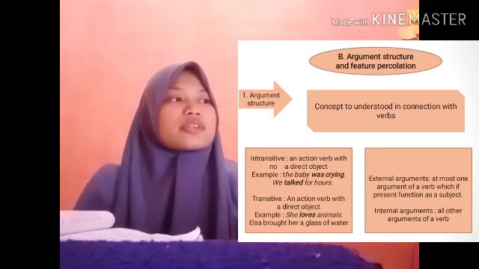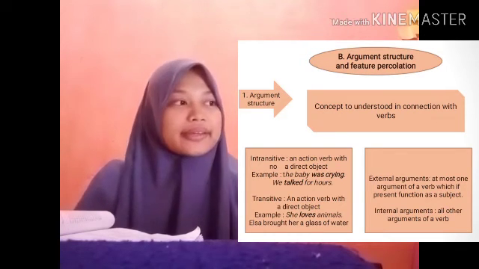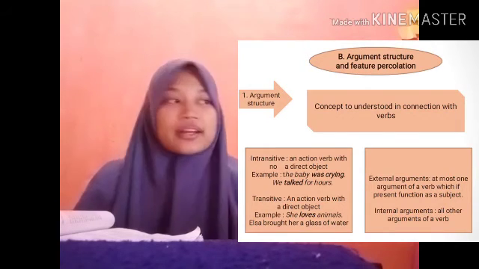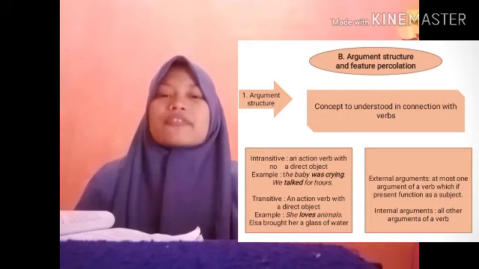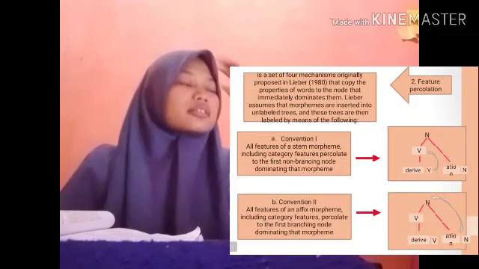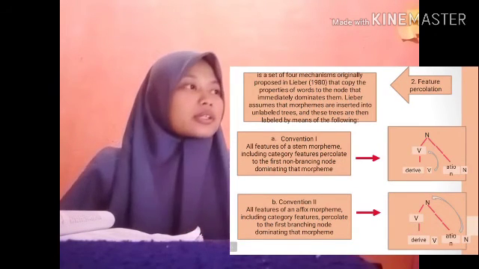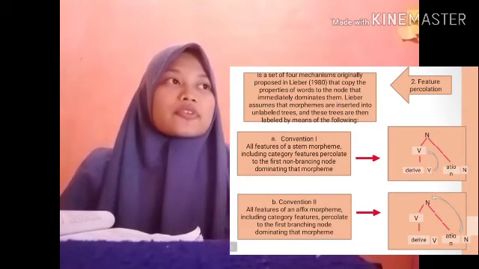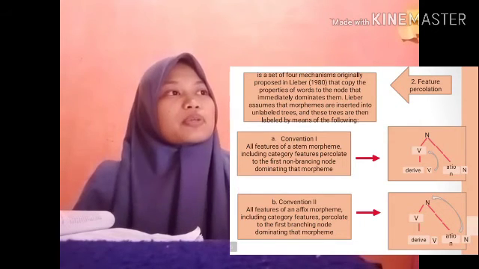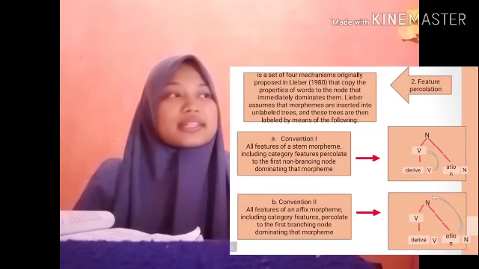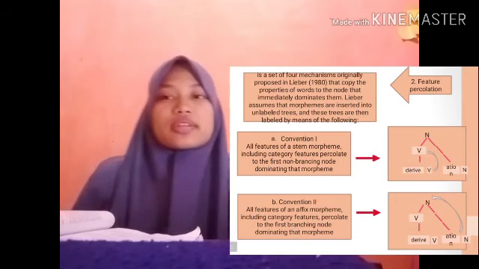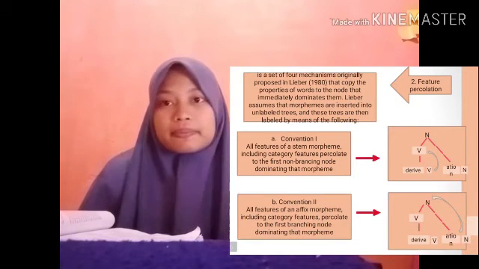And in argument structure, there are external arguments and internal arguments. What is an external argument? It is at most one argument of a verb which, if present, functions as the subject. Feature percolation is a set of four conventions originally proposed in Lieber 1980 that copy the properties of words to the nodes that immediately dominate them.